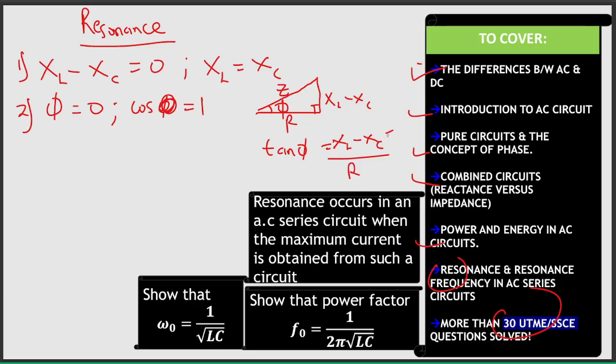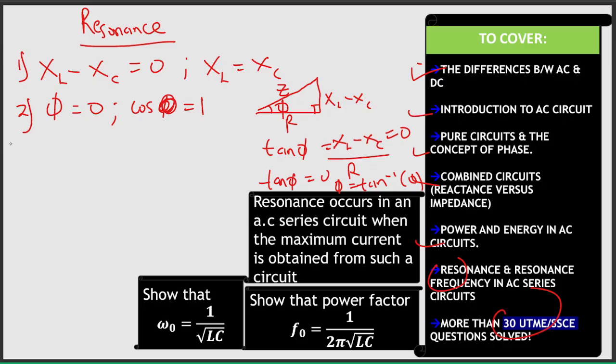Since this is equal to 0, tan phi is equal to 0. So 0 divided by R is 0. And of course, phi equals tan inverse of 0, which will give you 0. So the phase difference or the phase angle is 0.